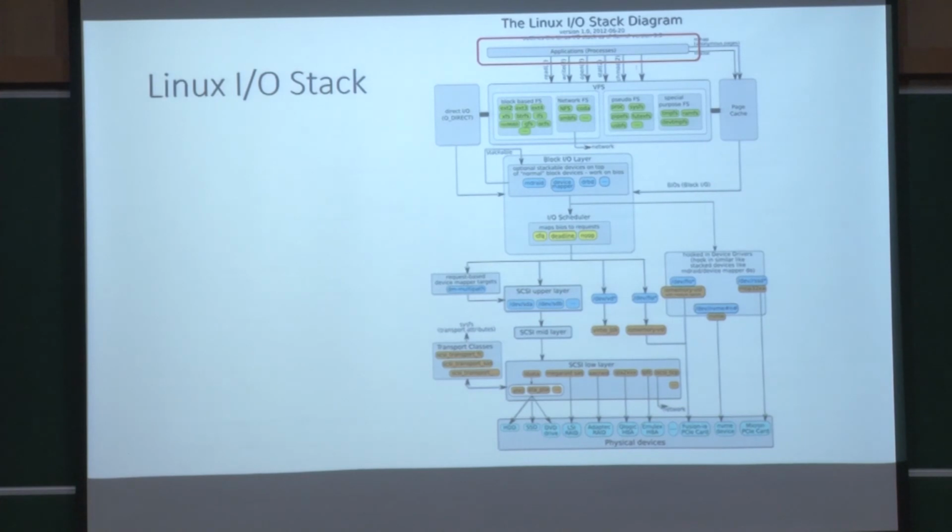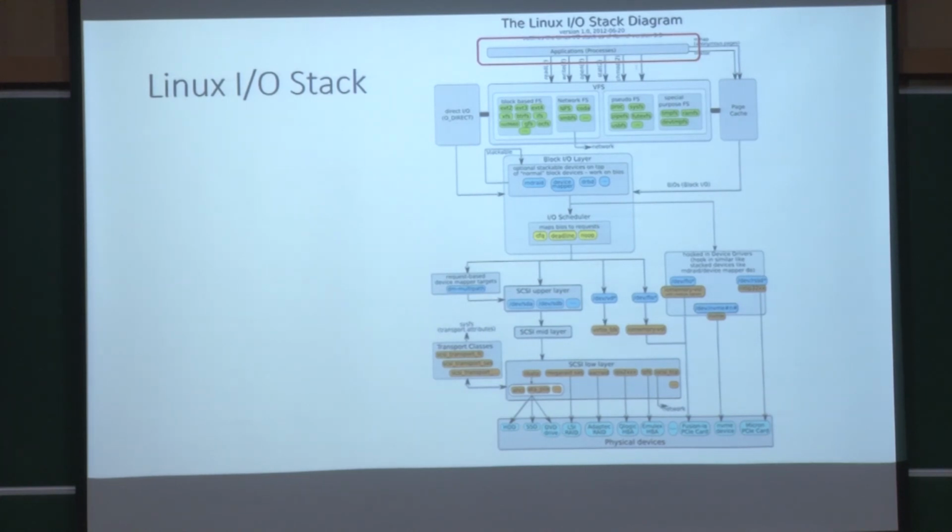This is the stack that I was talking about, right? So your application sits over here, your device sits over here. Now, to get from here to here, you have to pretty much cross all of these boundaries, right? I'm simplifying a bit, but you sort of get the idea. Each one of these layers adds a certain latency to your overall request, right?